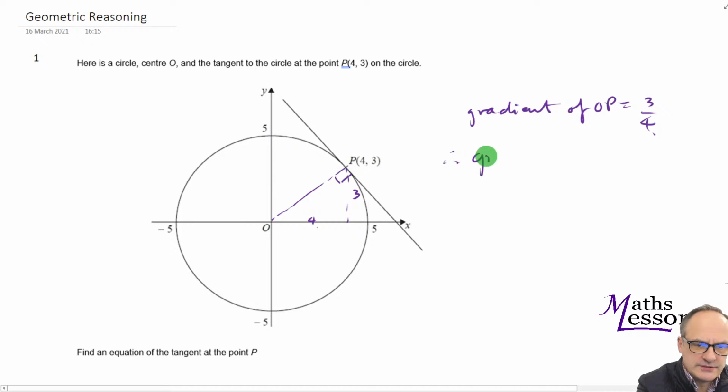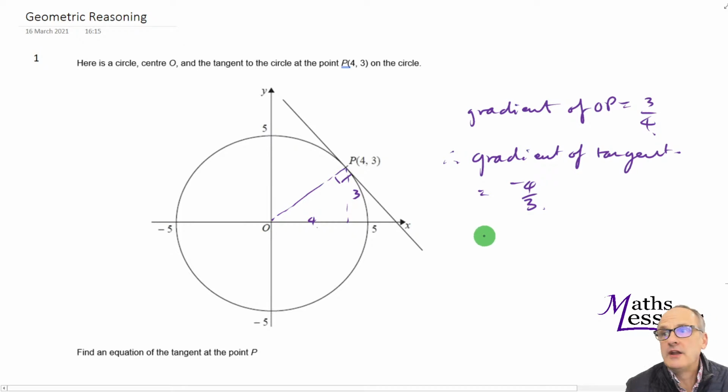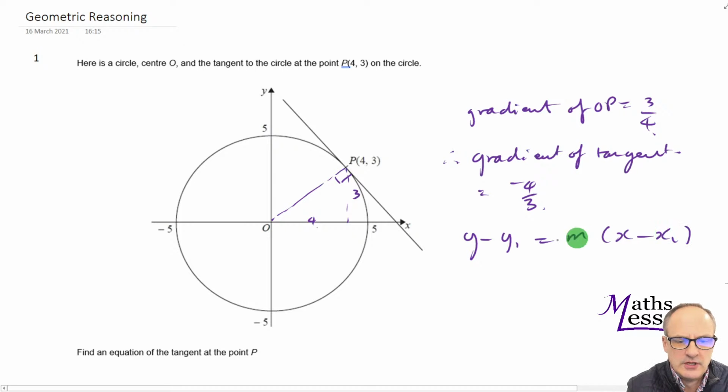Therefore, the gradient of the tangent is equal to minus 4 over 3. And if you hopefully remember, the equation of a straight line is given by y minus y1 equals m times x minus x1, where x1, y1 is the coordinates of a point on the line. We've got that point P, and m is the gradient, minus 4/3.